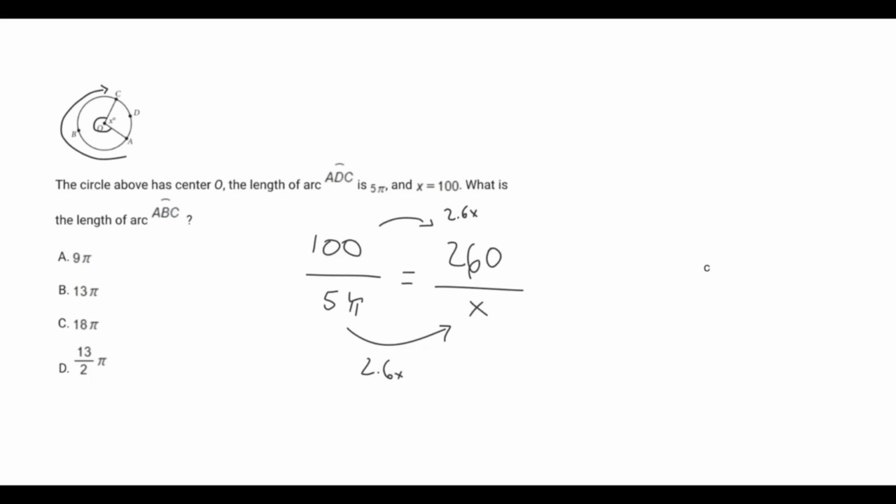So here we can just do 5 times 2.6 pi, and that's the same thing as multiplying 5 pi by 2.6. So 5 times 2.6 will give us 13, right? And then we can just add the pi next to it. So we get 13 pi as our final answer. So the answer here is B.